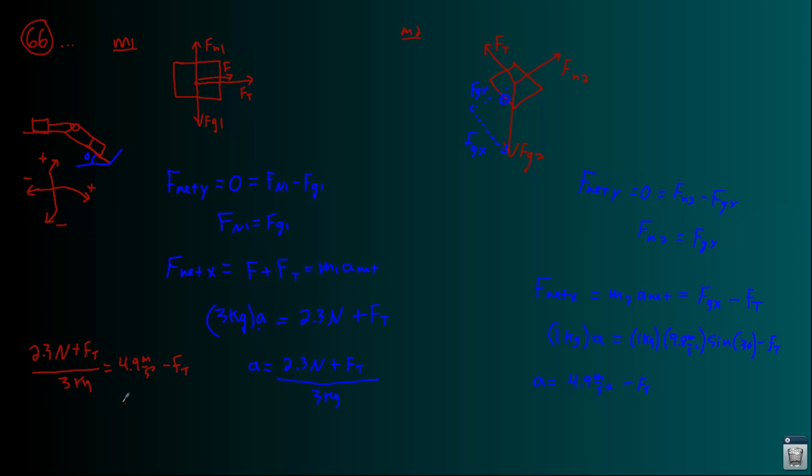Multiply both sides by 3. Solve. Combine the Ft terms. Combine the numbers. Kilograms times meters per second squared turns into a Newton unit, and you get Ft equals 3.1 newtons.